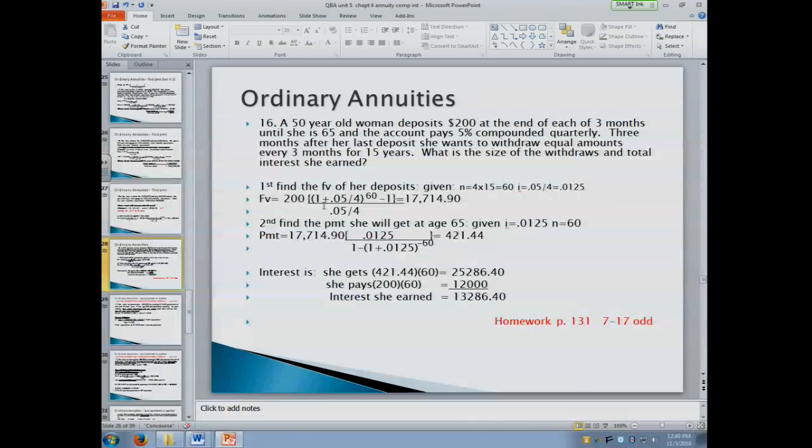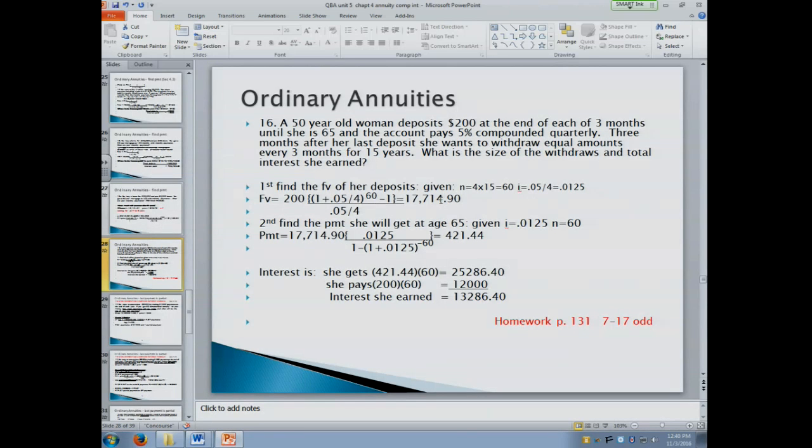So first, find the future value of her deposit given 4 times 15, because it's 4 times a year for 15 years. I is 5% divided by 4. The payment's $200. So her future value is $17,714.90. Now that's how much she will have at the end of 15 years.